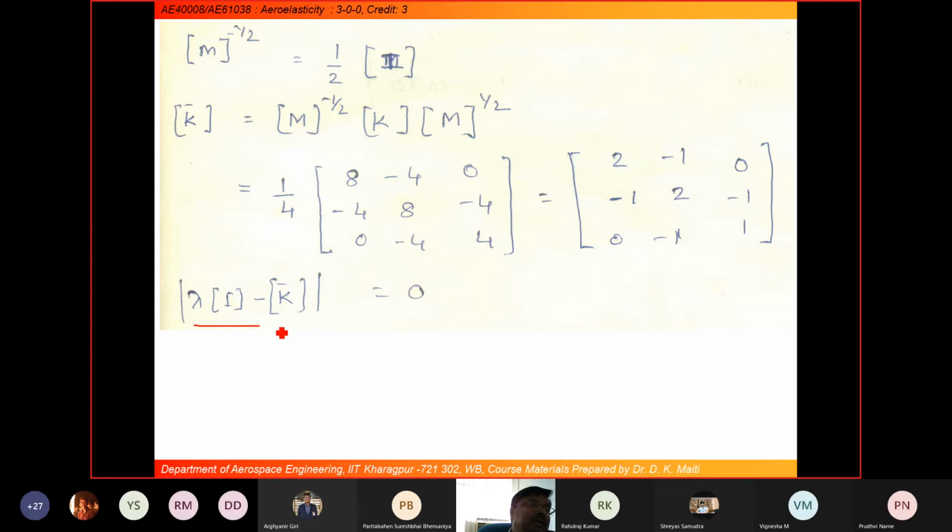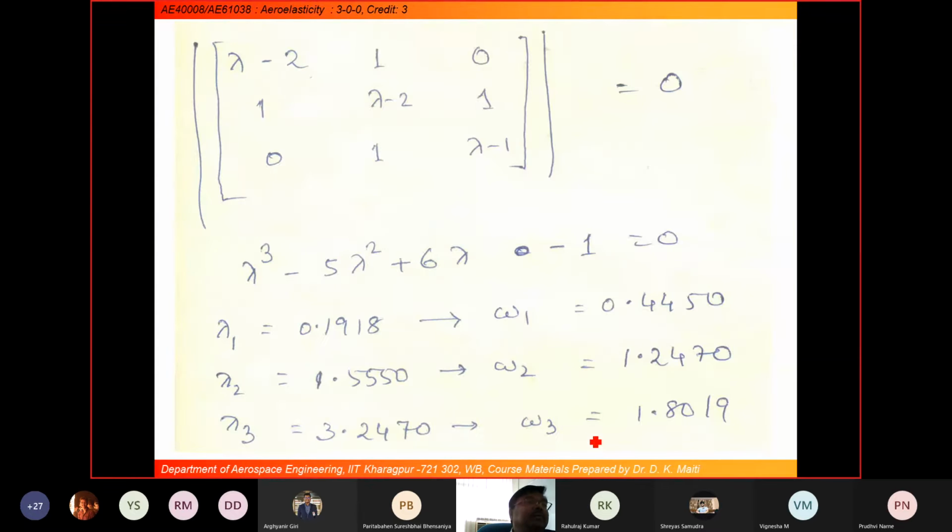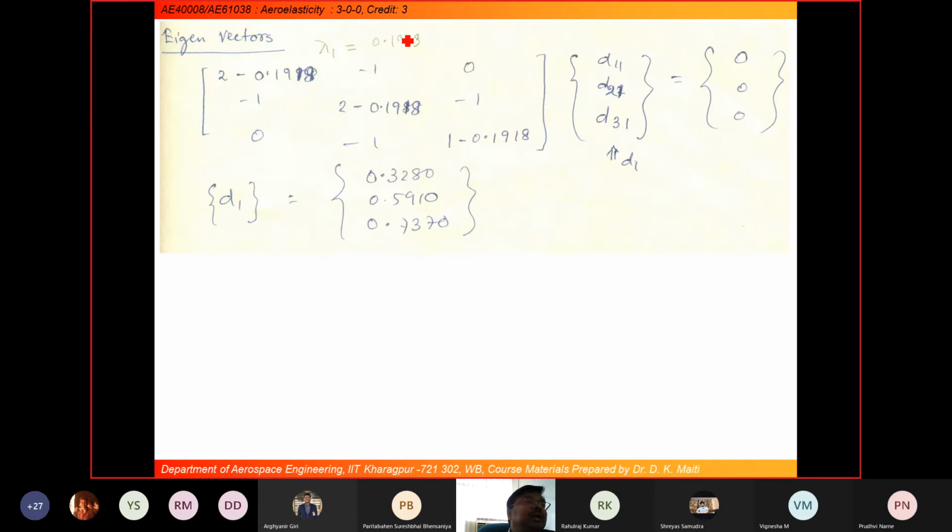After getting this equation, I will get the frequencies: lambda 1 equal to this, lambda 2 equal to this, and lambda 3 equal to this, whatever I have shown already. Then substituting lambda 1 in this equation, I'll be able to get the d1 vector.